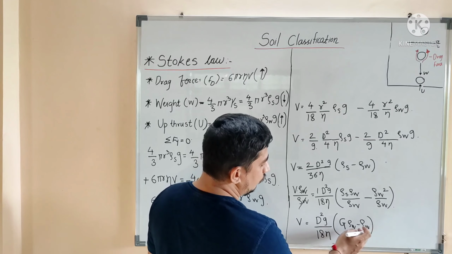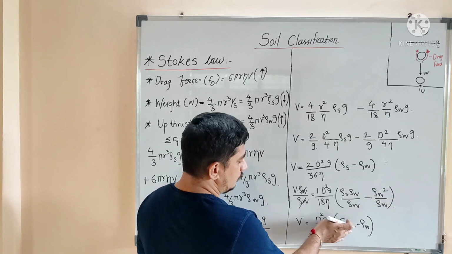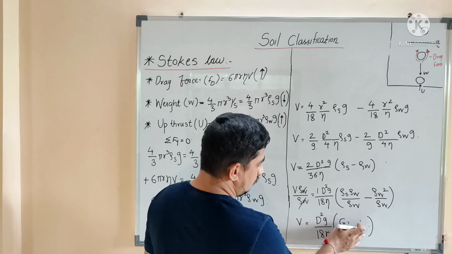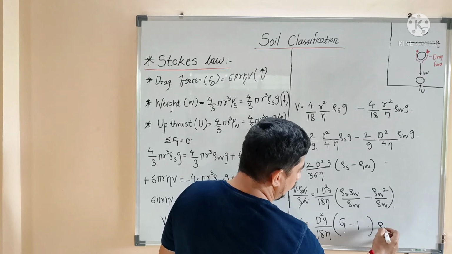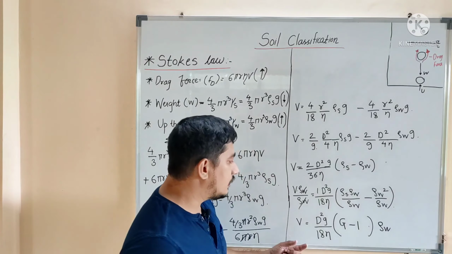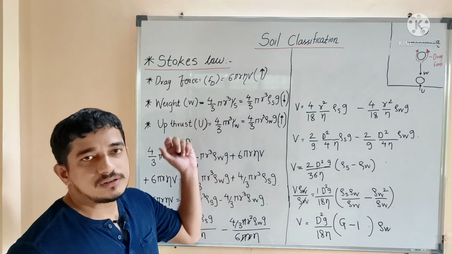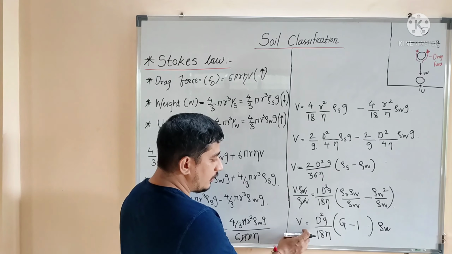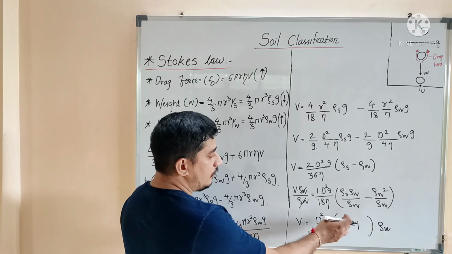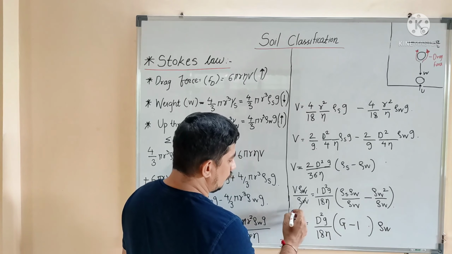Okay, so this rho w can be taken common, so G minus 1 into rho w. Okay, so this is the final equation that is derived based on this Stokes law. V is equal to d square by g divided by 18 eta multiplied by, in bracket, G minus 1 multiplied by rho w.